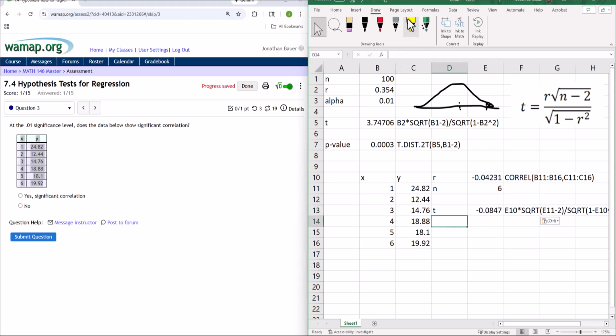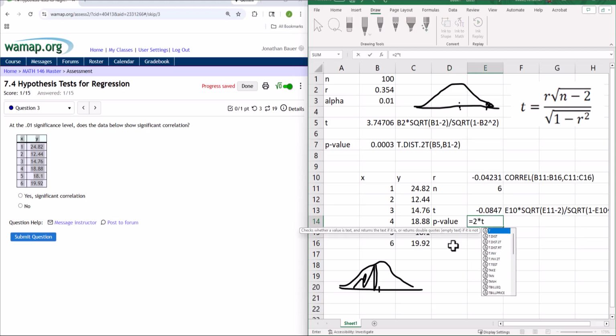Now here we have a negative test statistic, and this is pretty close to 0, so we have a value here, and because we don't know, we're going to double this. So for our p-value, it'll be equal to 2 times T.DIST.